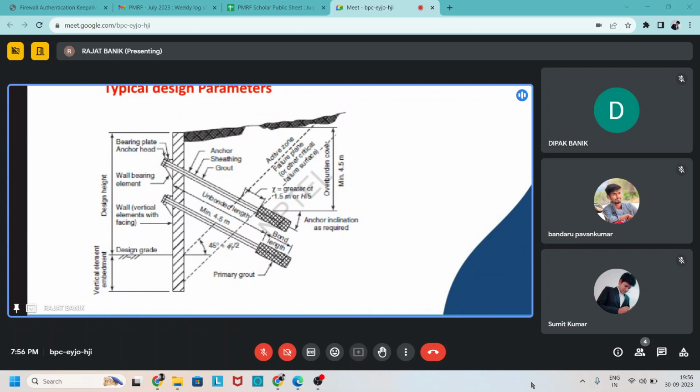Between the unbonded length and bond length there is a gap given by x, which is the greater of 1.5 meter or H by 5. The minimum depth of the unbonded length from the ground surface should be 4.5 meter. Also the different zones, stable zone and active zone, are shown, and this is how we design our anchorage.